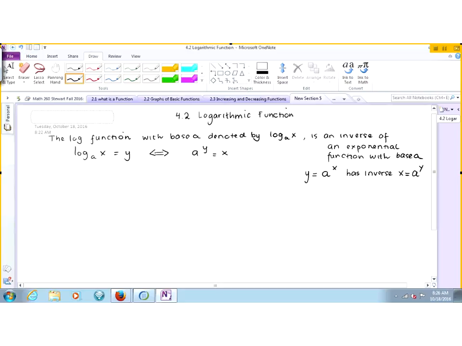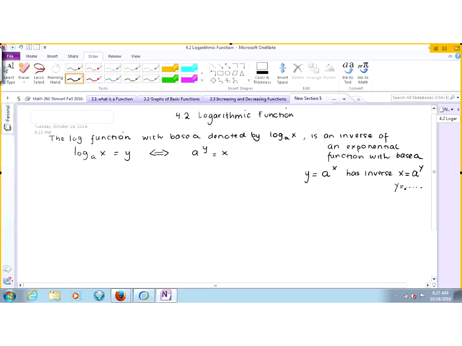Now, if I ask you, how do I express this in terms of y? Because I want to say y equals to something. So if I have x is equal to a to the y, I want to express it in terms of y. Y is equal to what?